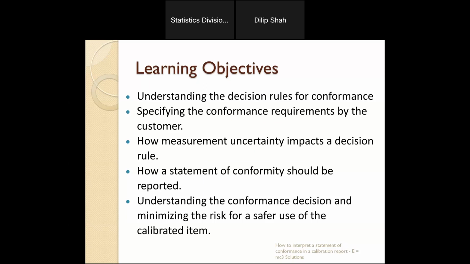And then there is this thing called measurement uncertainty, and the measurement uncertainty impacts a decision rule. Measurement uncertainty talks about all the errors associated with a measurement, because no measurement is perfect.